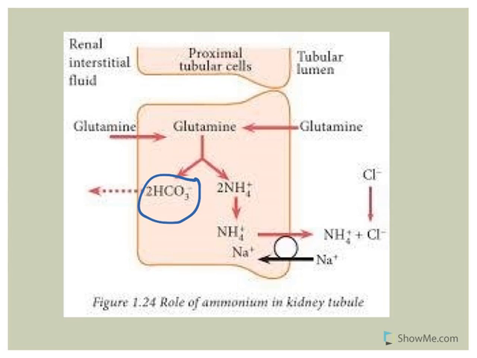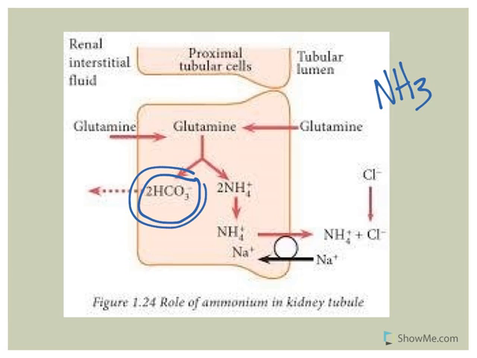Ammonium actually forms from ammonia, which is a base, combining with a hydrogen ion. And so ammonium is acting as a buffer component and tying up some hydrogen ions. So in the process of the metabolism of glutamine, we have done 2 things.